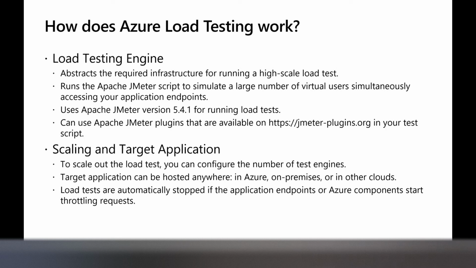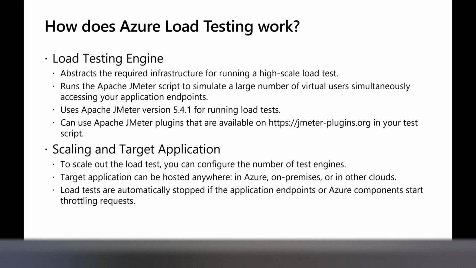One other thing I want to mention is how it scales and targets the application. It is sensitive to application throttling requirements. Let's say you are load testing an application and it starts sending out HTTP code 429, too many requests, meaning it is being throttled.